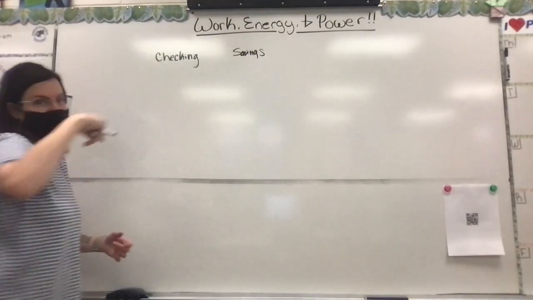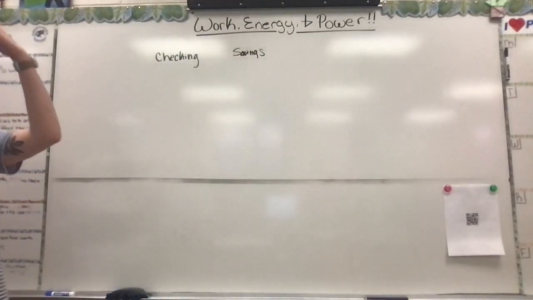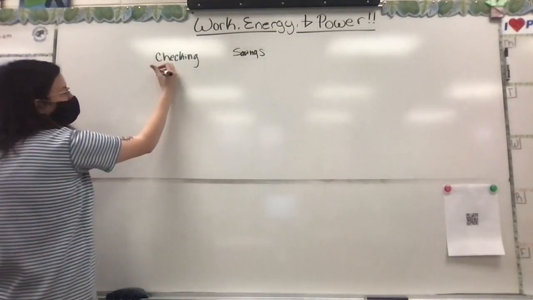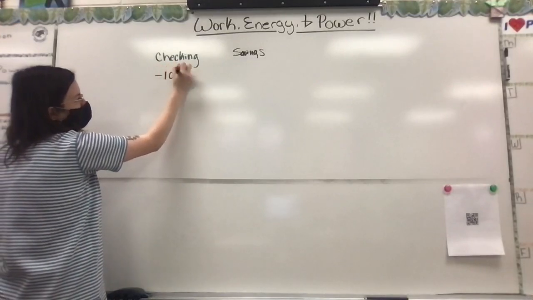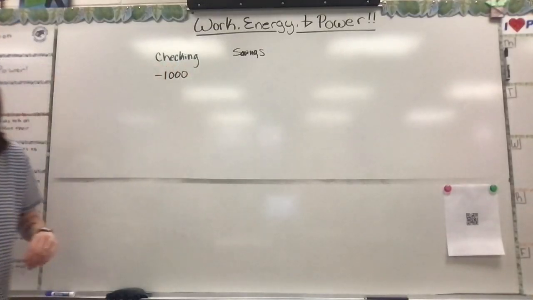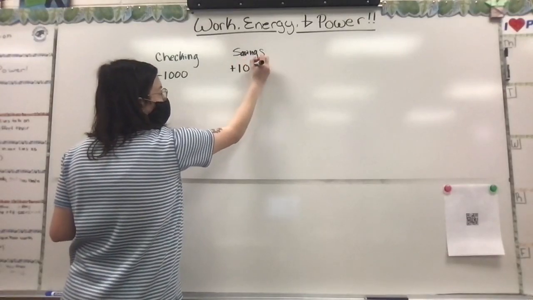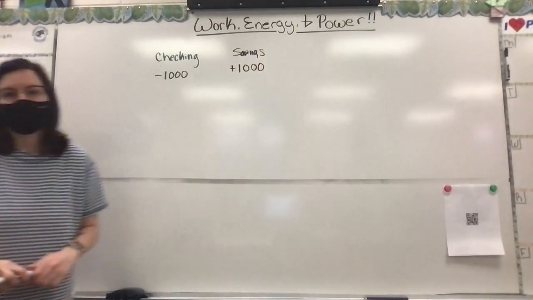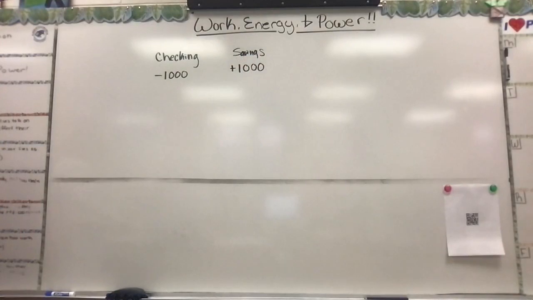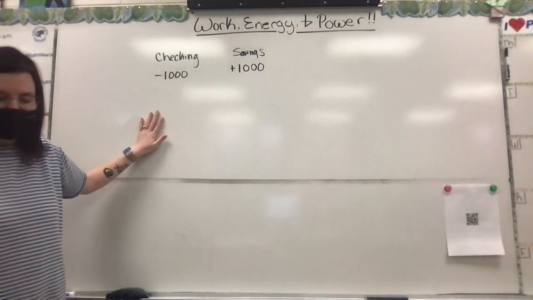If you brought up your banking app and looked at your transactions in checking, it would show negative 1,000. And over in savings, it would show positive 1,000. This is considered a negative deposit.